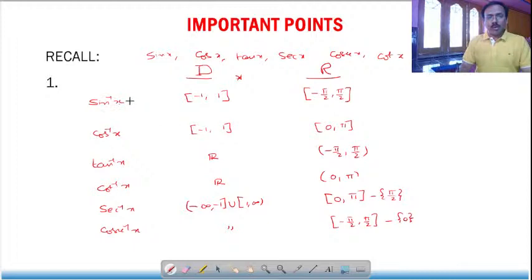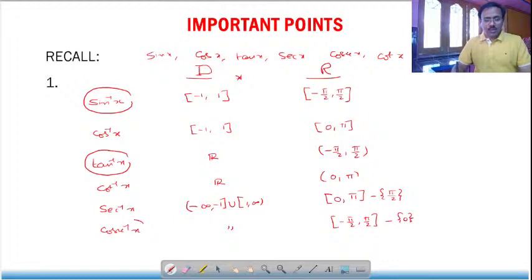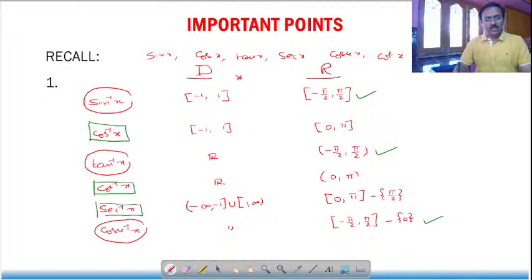One important point: sine inverse x, tan inverse x, and cosecant inverse x have ranges like minus pi by 2 to pi by 2. You just observe these. Whereas the other three, cos inverse x, cot inverse x, and secant inverse x, have their ranges like 0 to pi.